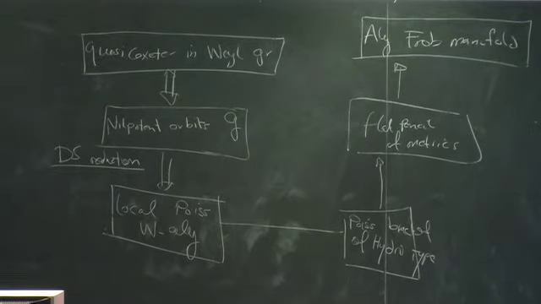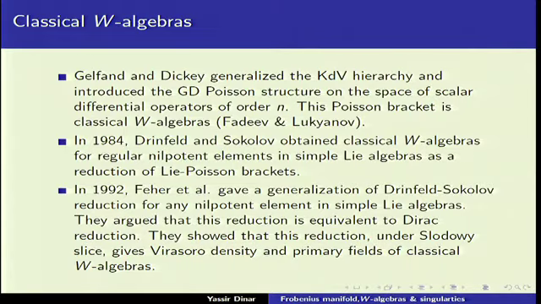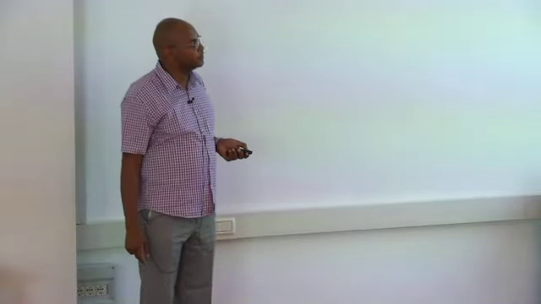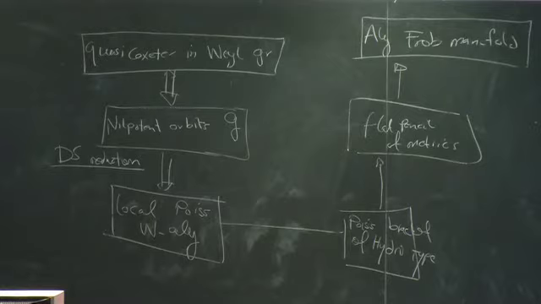One way is to study the hierarchy of Drinfeld-Sokolov, and the other one is to study whether it gives classical W-algebras or not. In 2002, De Sole, Kac and their collaborators generalized the standard Drinfeld-Sokolov and gave a reduction for any nilpotent element, and they showed it is also equivalent to Dirac reduction, and they constructed the Virasoro densities. I will show it later, and the primary fields of these classical W-algebras.